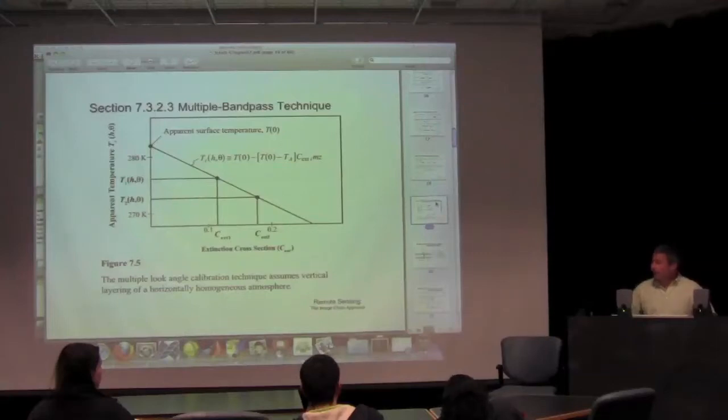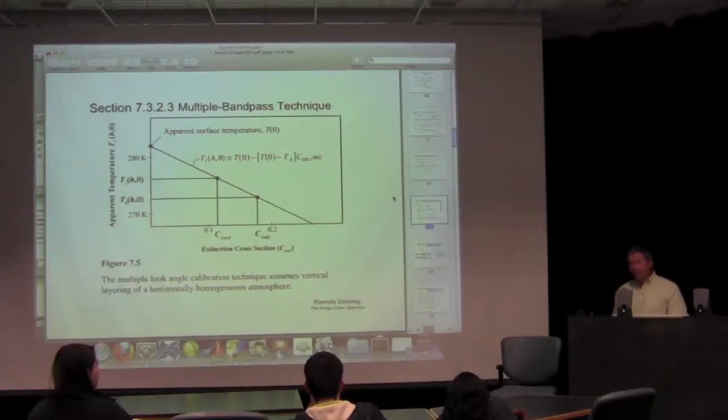So make sure you read through, I think we're up to section 7.3 in chapter 7, which goes through the thermal calibration. We'll finish up thermal calibration on Thursday, and we'll start to do reflective calibration at that point too. So, probably most of the material for the exam will be 7.1 through 7.4 or so in the text. So there won't be a lot of material that you have to study.